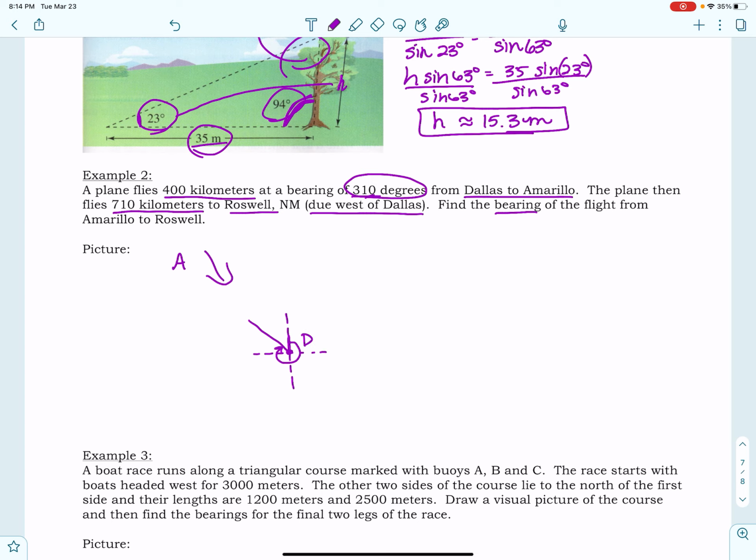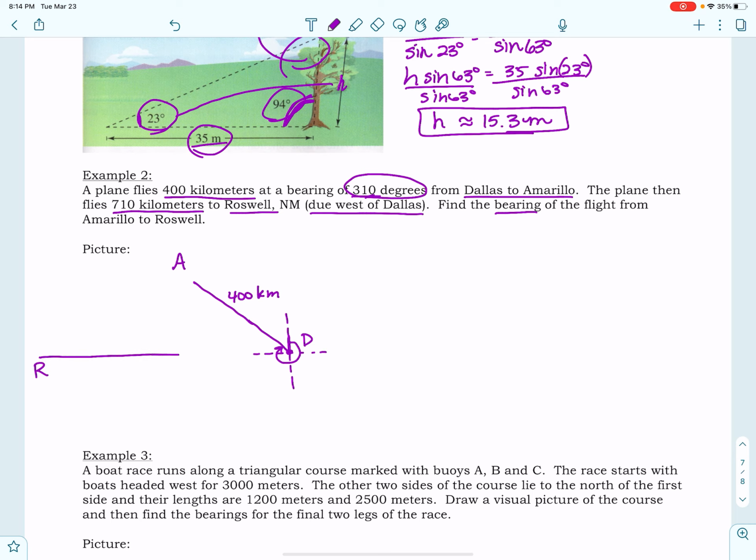And then we're going towards Amarillo, and that is 400 kilometers. Okay, so that's how we get this drawn. All right, now we are looking at the plane flying 710 kilometers to Roswell, which is due west of Dallas. So I'm going to say Roswell is right here.